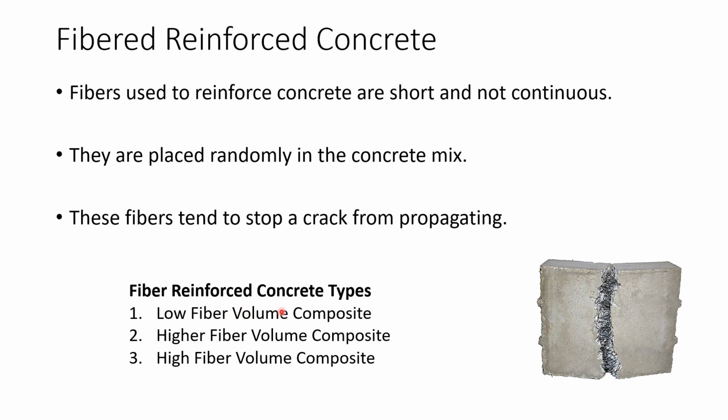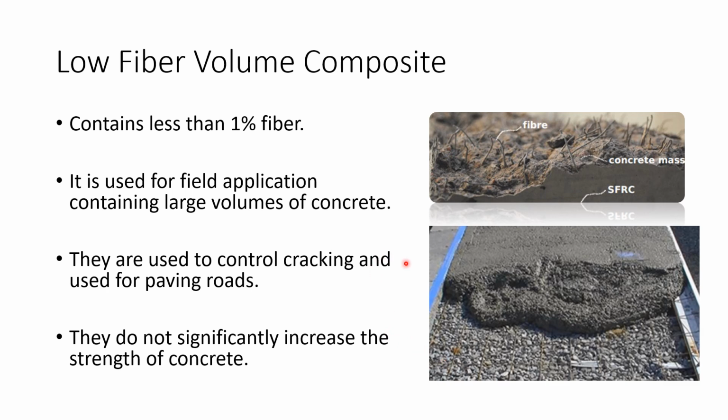The fiber reinforced concrete types are low fiber volume composite and high fiber volume composite. When you look at the low fiber volume composite, it has about 1% fiber, not much in it, and it's used for field applications containing large volumes of concrete. So you have low fiber with a lot more concrete in it.